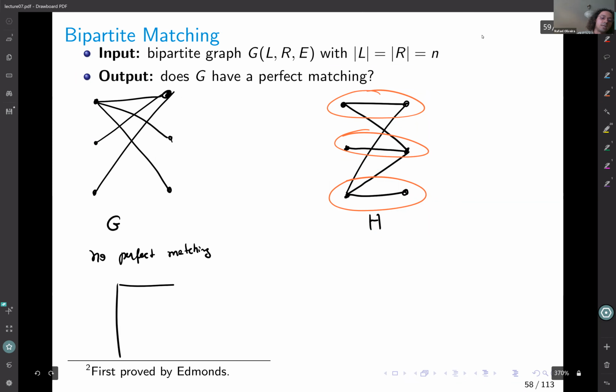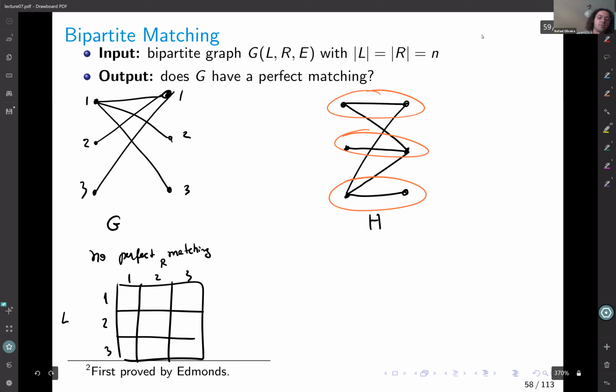I will put the left set of vertices here and the right set of vertices here, so we have 1, 2, 3 and 1, 2, 3. Then we construct the adjacency matrix, where I put 0 if there is no edge, and 1 if there is an edge. So 1 on the left has an edge to everybody, and 1 on the right has an edge to everybody. Everything else is 0.